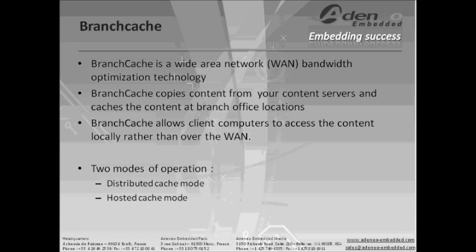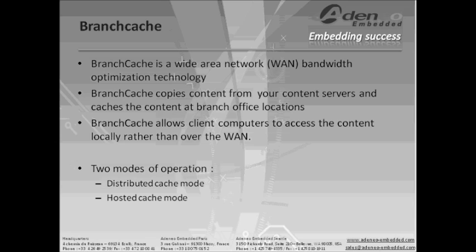It is included with Windows Embedded 8, and it allows apps that use networking protocols to be more responsive and users in remote offices to experience higher performance on their local area network. So you have the same experience on your wide area network as in your local area network. So there is a cache of the data in your local area network.